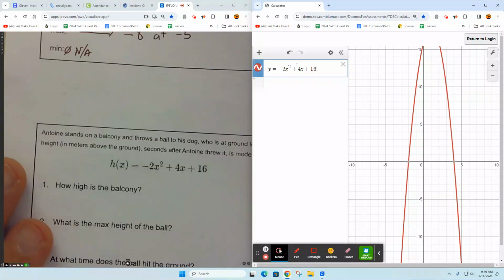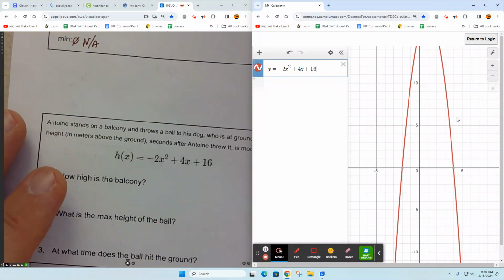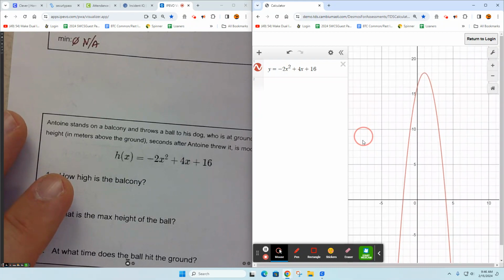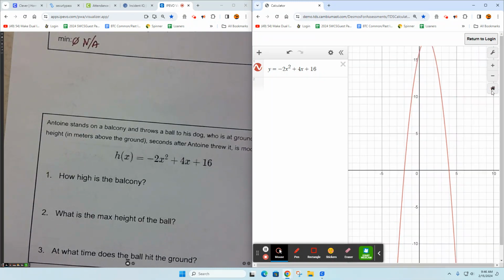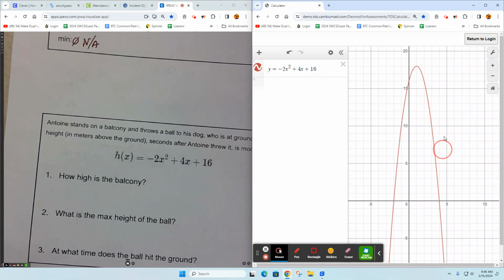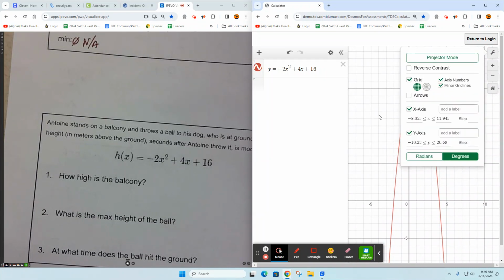All right, so here's my graph. I don't know how good we are at making our graphs kind of fit. If they don't fit, I can always go to my home button to reset if I got a weird graph. You should hopefully be able to figure out x and y.